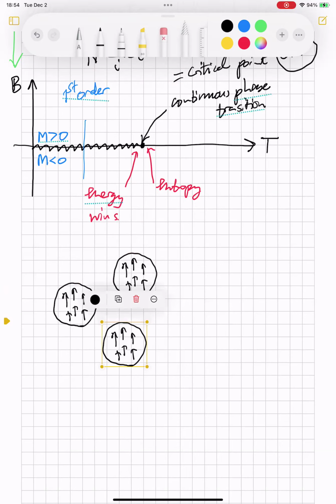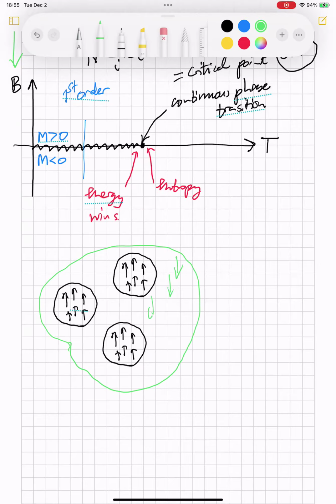But these three are actually part of some bigger droplet. And inside this bigger droplet, all of the spins are pointing down. Okay.